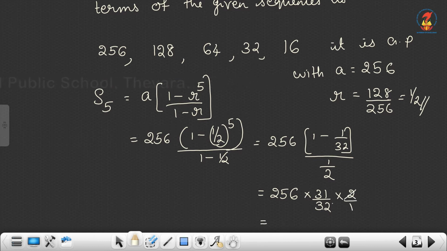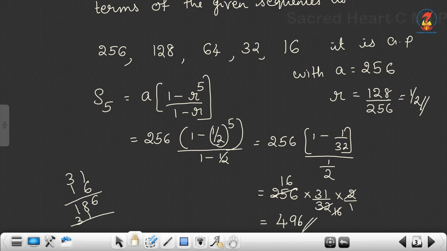Okay. So 2 and 32 cancel, 16. 16 into 16 is 256. So now you multiply 31 and 16, that is 496. So 496 is the sum of the resultant sequence.